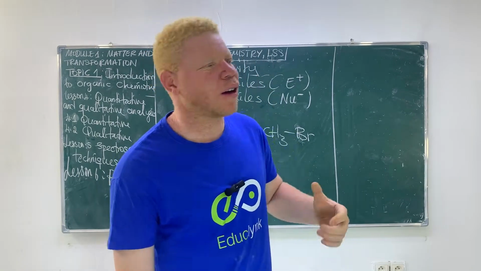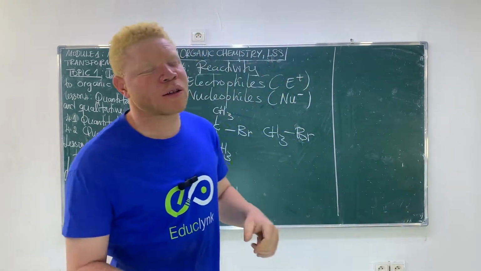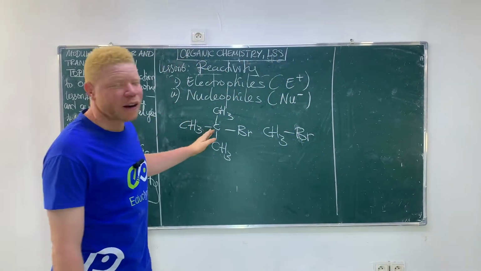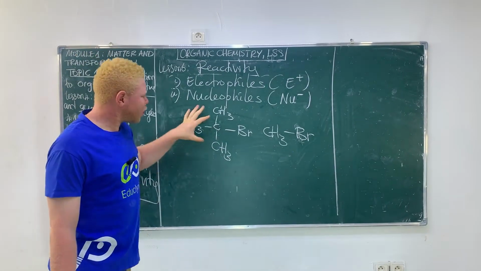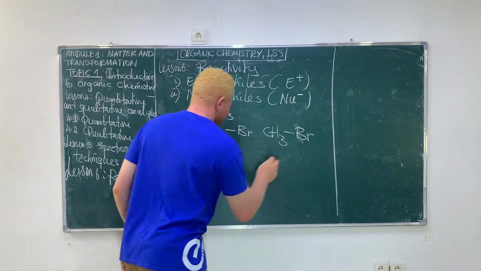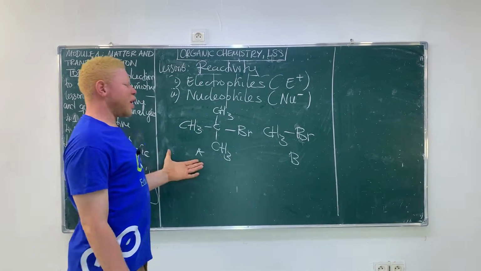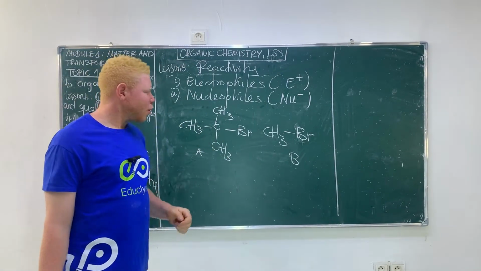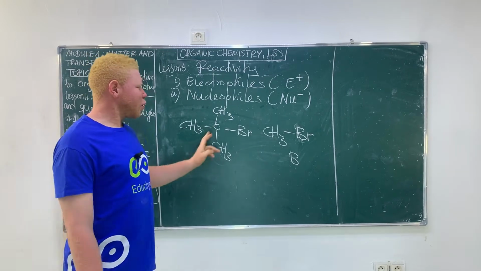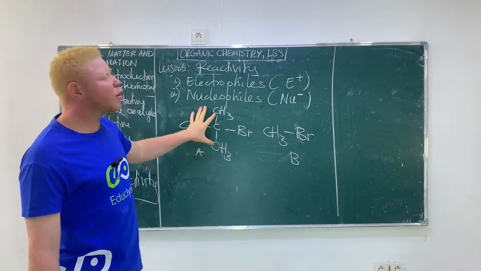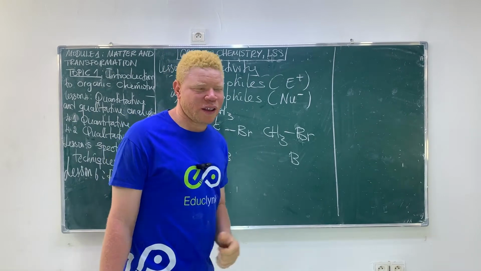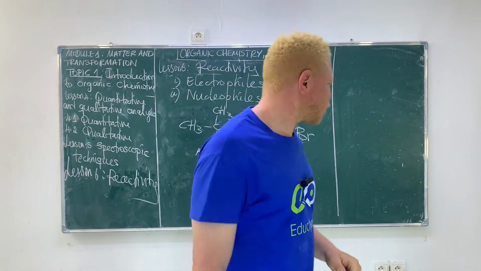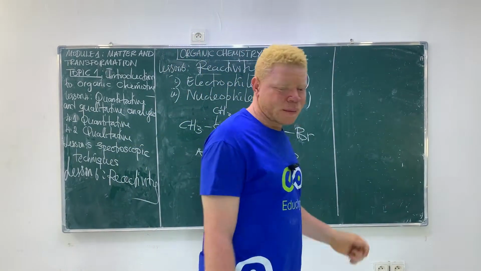Steric hindrance is the number of alkyl groups that surround the alpha carbon. In this case, I'll call this compound A and this one compound B. Compound A has more steric hindrance than compound B because of the number of alkyl groups. So these alkyl groups will reduce the reactivity of the organic compound compared to the other compound.